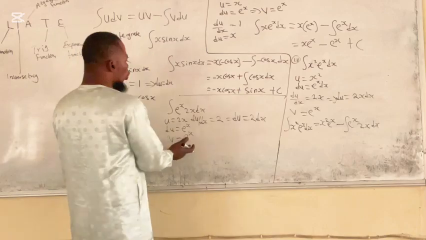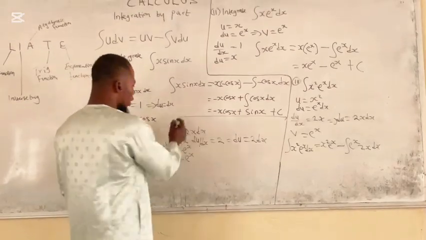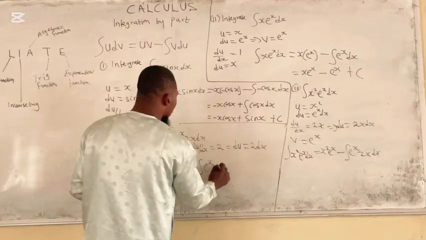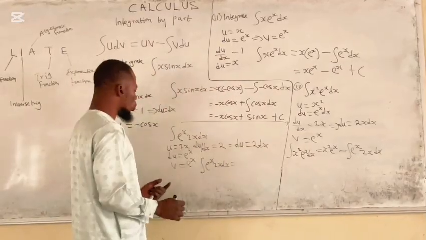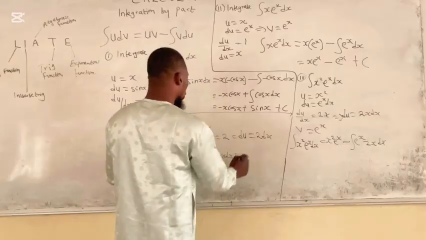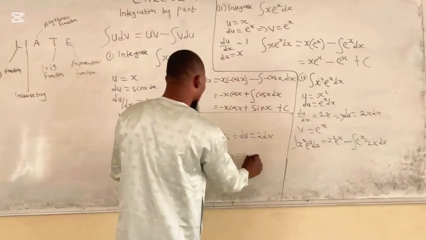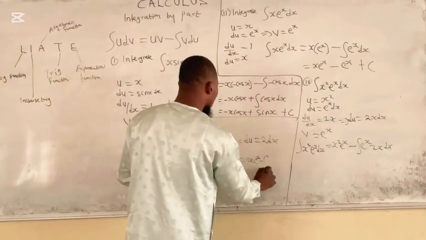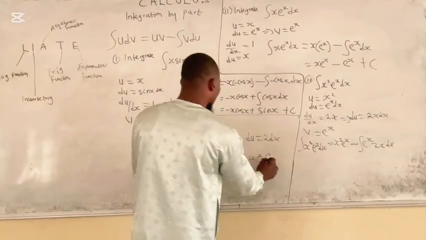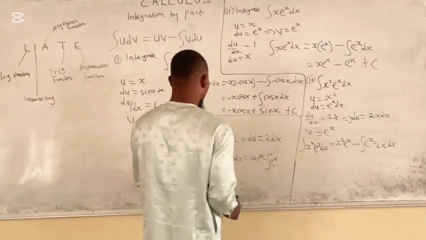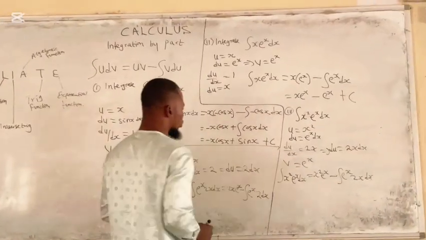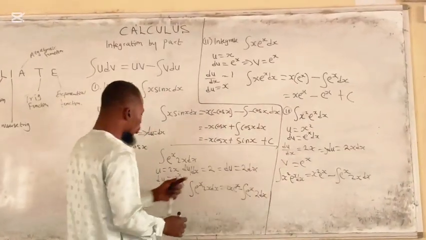So from here, we will substitute it into our formula. Therefore, the integral of exponential x 2x dx will now be equals to u, and our u is 2x, multiplied by v, which is exponential x, minus the integral of v du, and our v is exponential x, and our du is 2 dx. So from here we will continue.